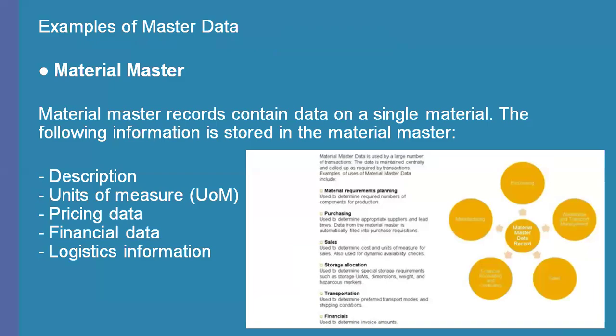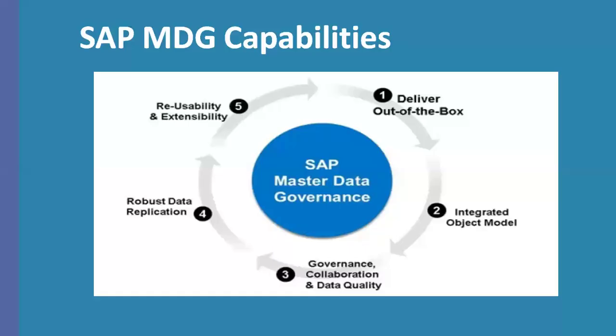The third pillar is the robust replications. So from MDG, you can replicate your data to ECC, non-ECC systems, third-party systems, everywhere very easily.